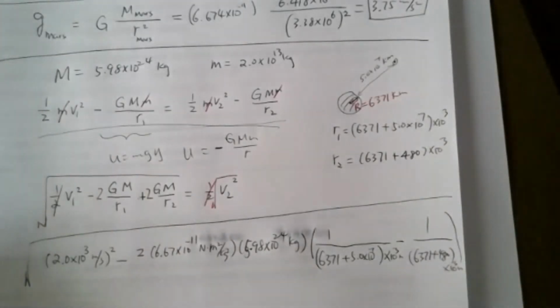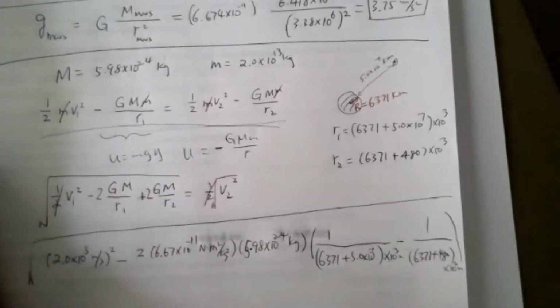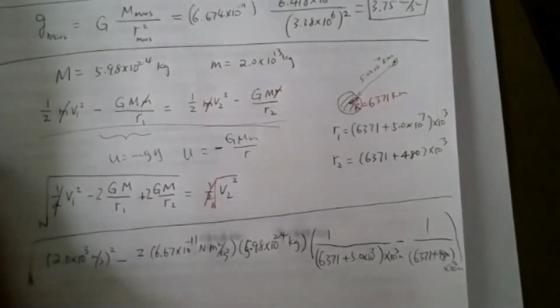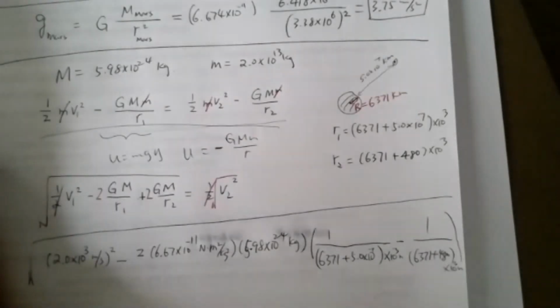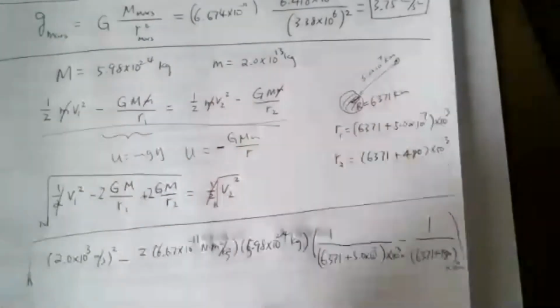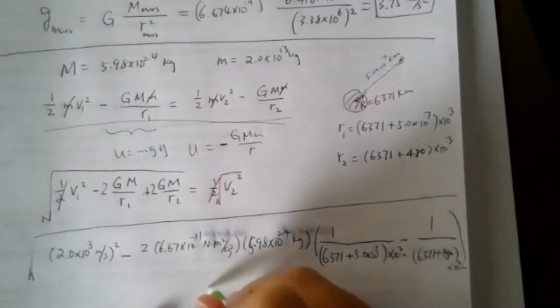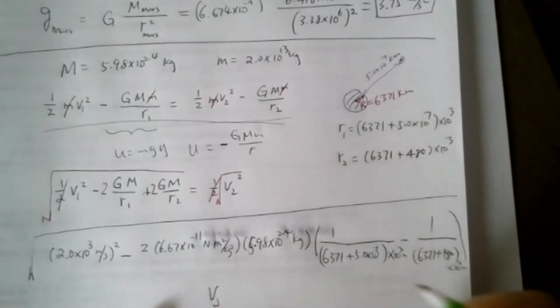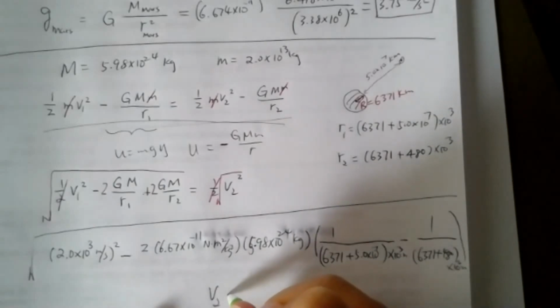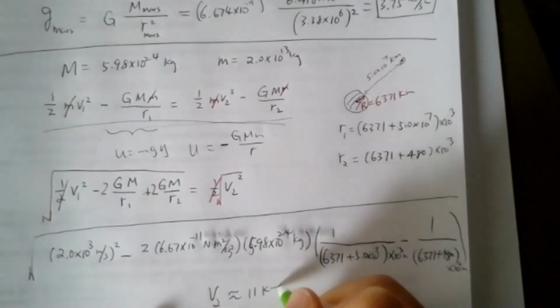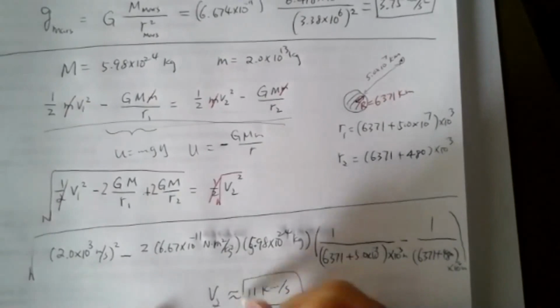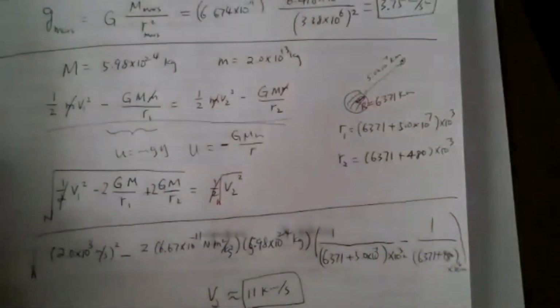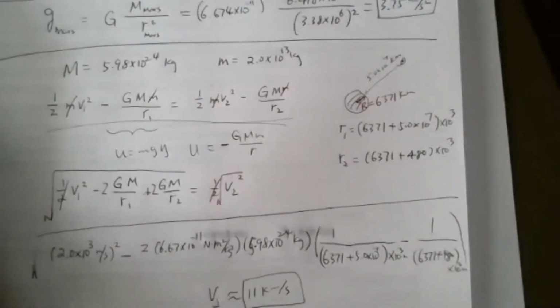All right. So it looks like it's going to be more like 11. So V2 would be roughly 11 kilometers per second, roughly.